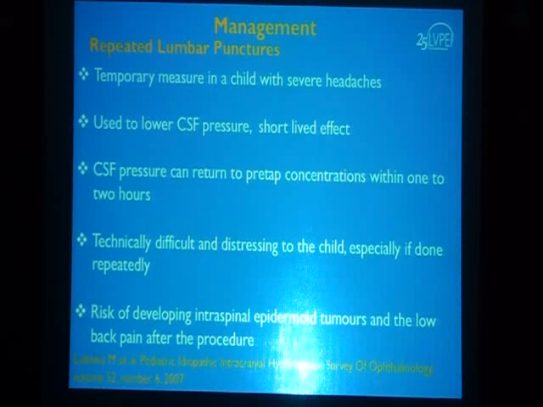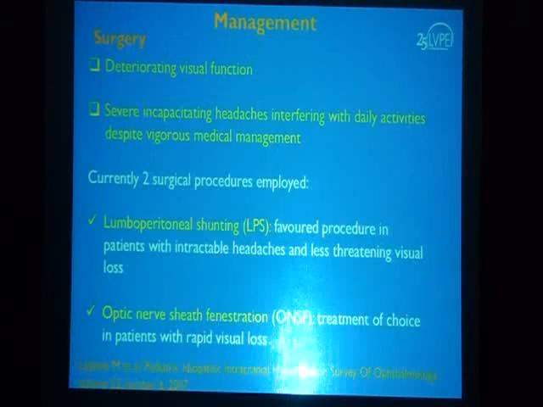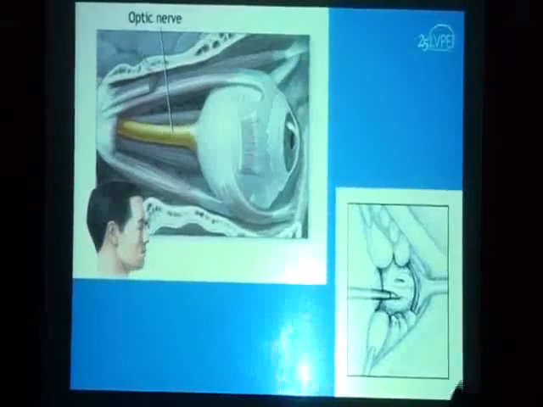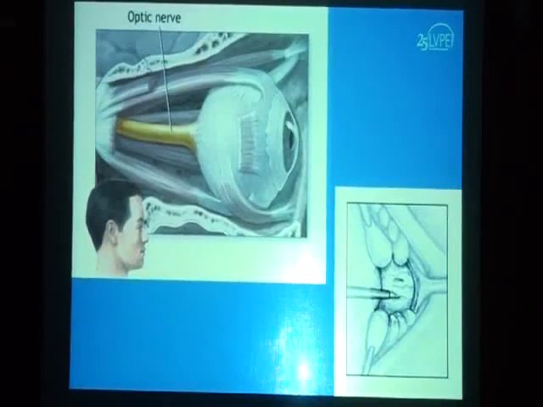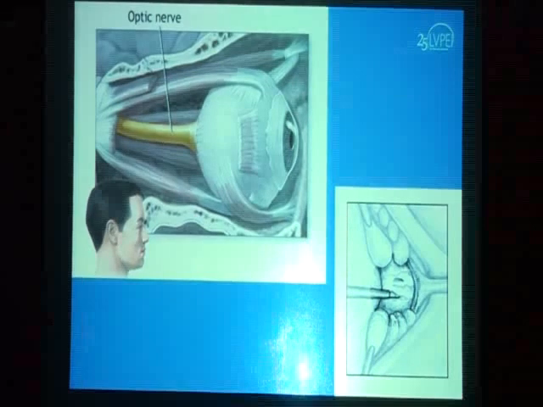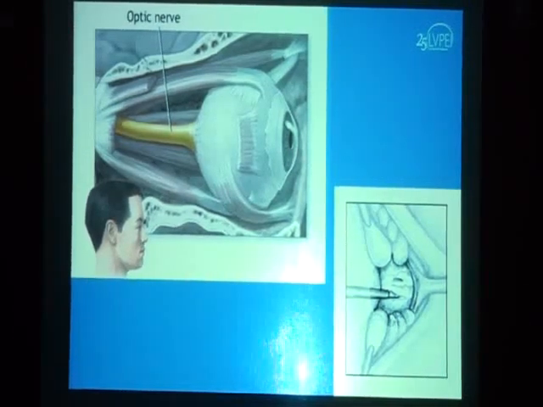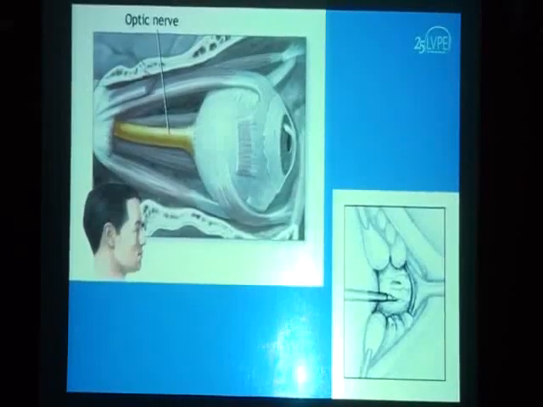And then the role of repeated lumbar puncture is not very well known. I would not go into that, and this is the cartoon showing how you do optic nerve fenestration. Most of the time it is the ophthalmologist who should be doing it, either a neuro-ophthalmologist or oculoplasty surgeons.